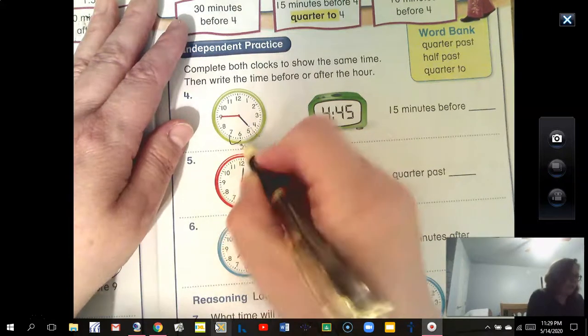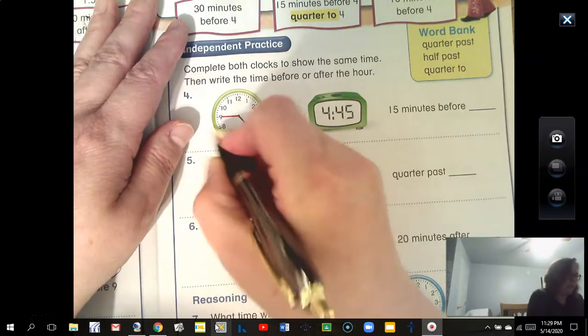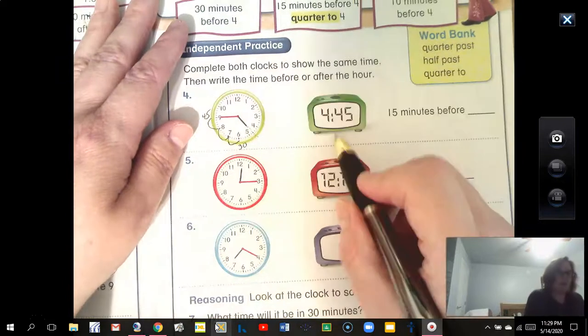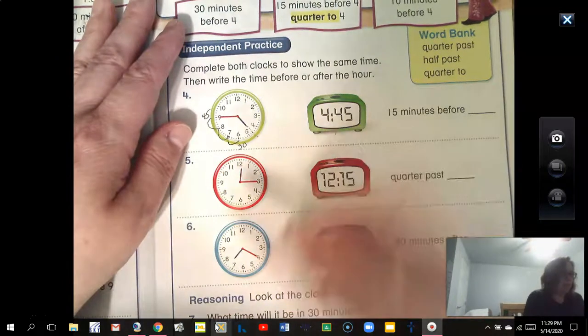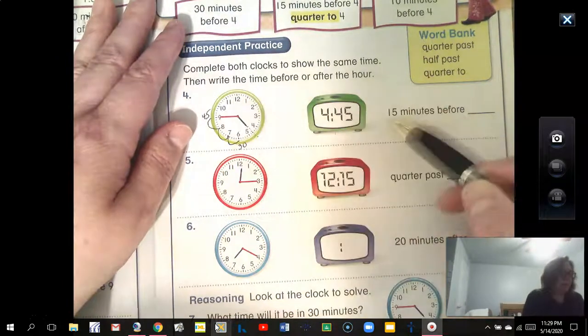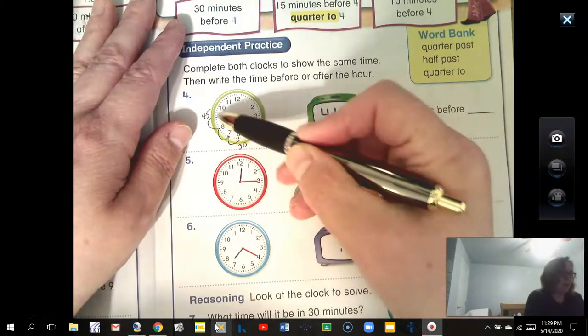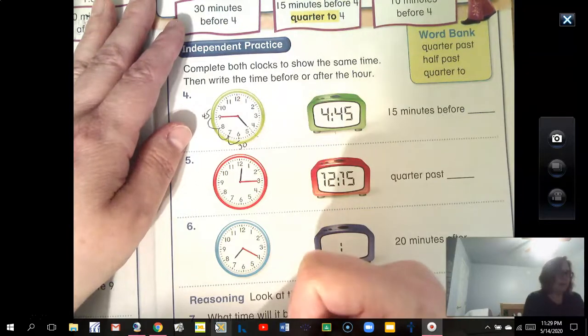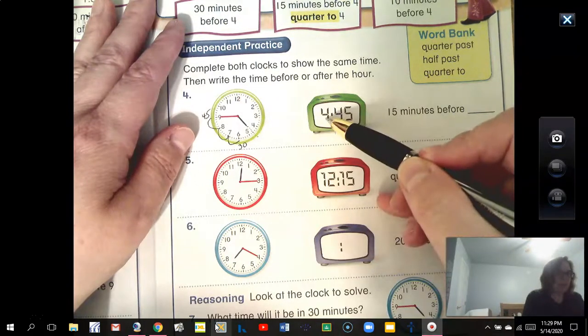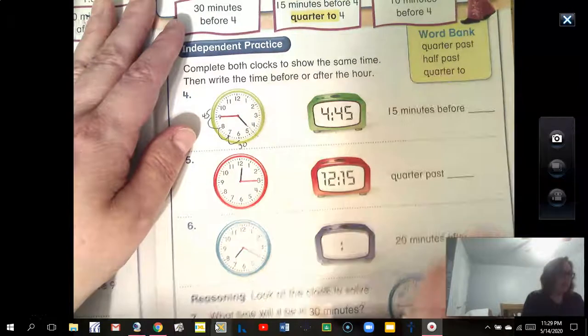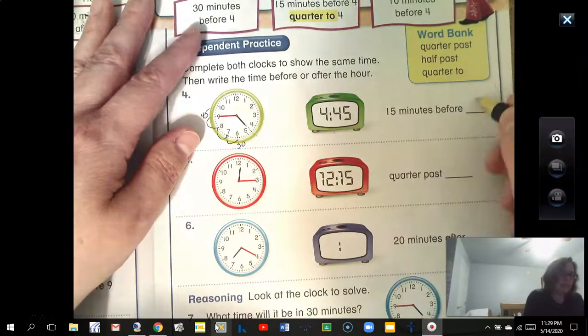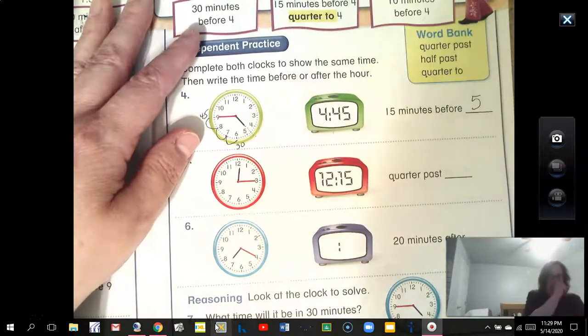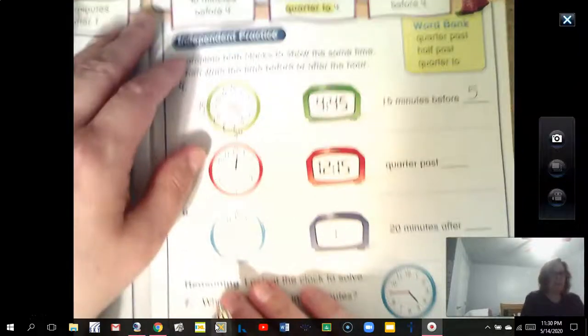So I'll put 30 down here. 35, 40. This is 45, so it's 4:45. Or 15 minutes before, when it gets up to here, what time is it going to be? Well, it's already 4 o'clock, so what time will it be in 15 minutes? That's right, 5 o'clock. 15 minutes before 5.